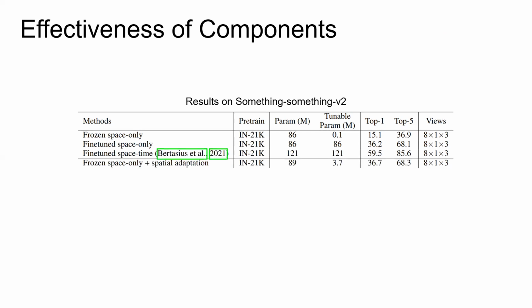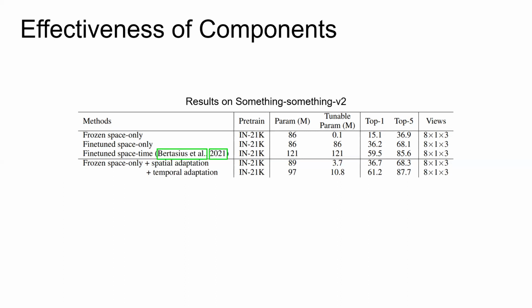So in our method, we first add the spatial adaptation to the frozen space-only baseline. Then we can see we can match the performance of the full fine-tuned space-only baseline. That means spatial adaptation helps the model to achieve good spatial modeling, but we are using a much smaller number of tunable parameters.